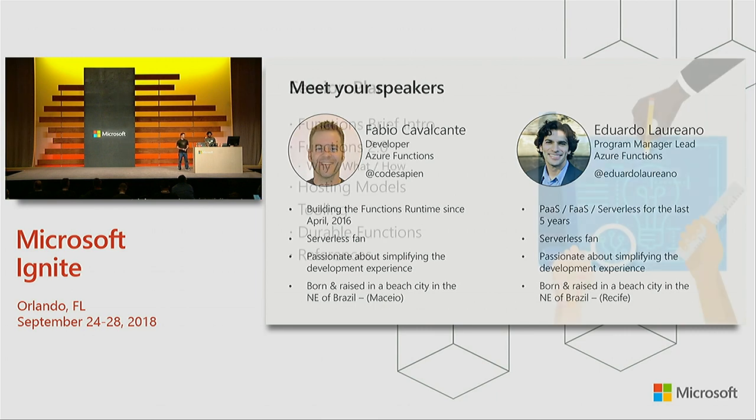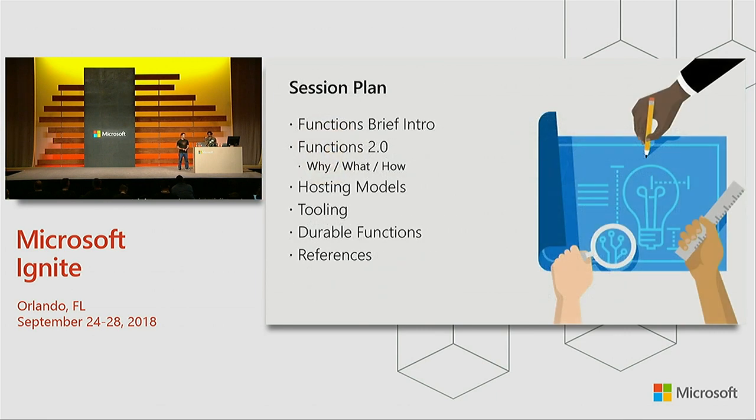All right, so let's talk about what we want to cover here. We're going to go really brief into functions, just to recap and make sure everybody's in the right session. Then we're going to spend probably half of our time on Functions 2.0. We're going to talk about why we went on this journey: we had a pretty good product, so why did we decide to do a new rev of it?